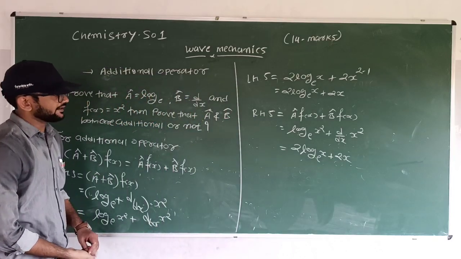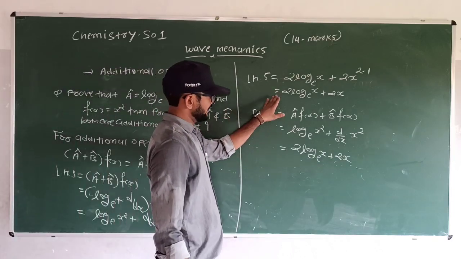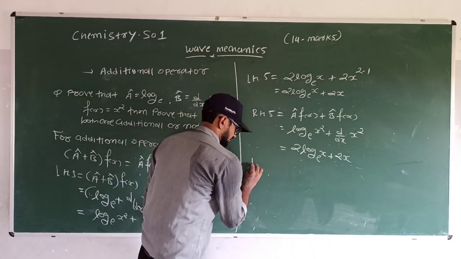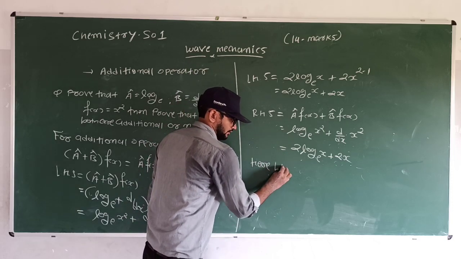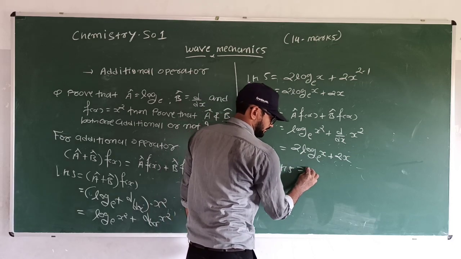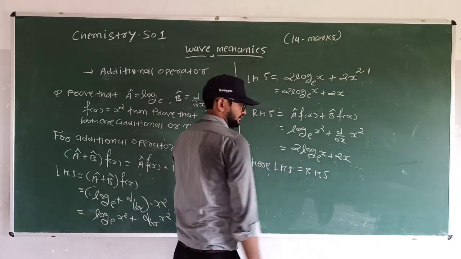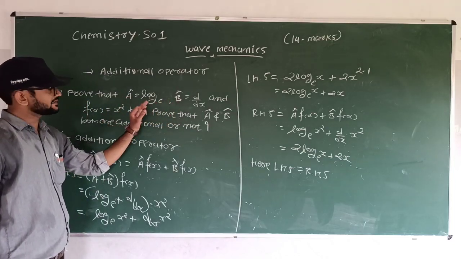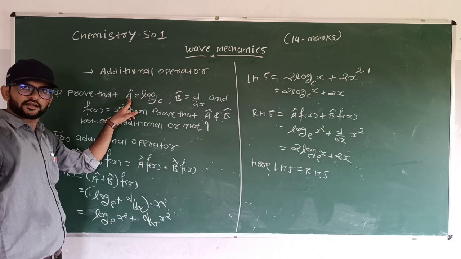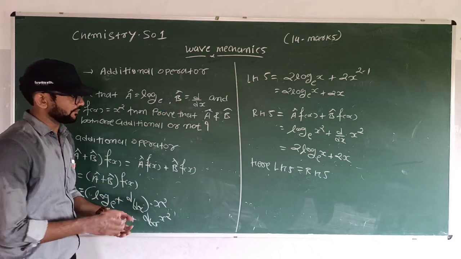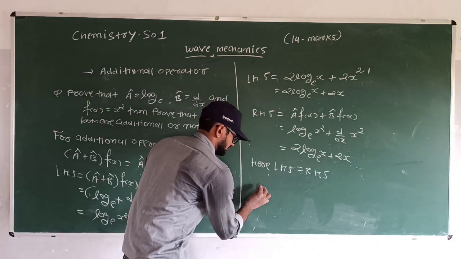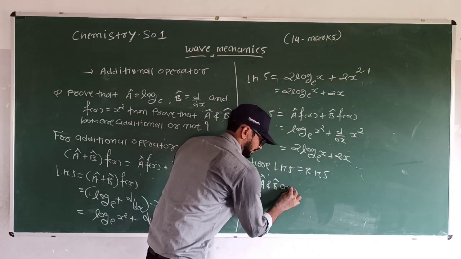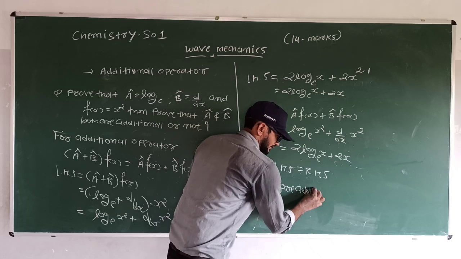So here we can see that the value of LHS and the value of RHS both are equal. LHS is equal to RHS. It means both operators A cap and B cap are additional operators. Therefore, A cap and B cap are additional operators.